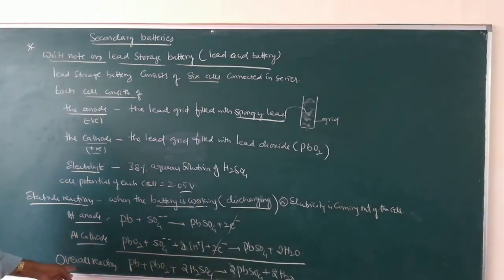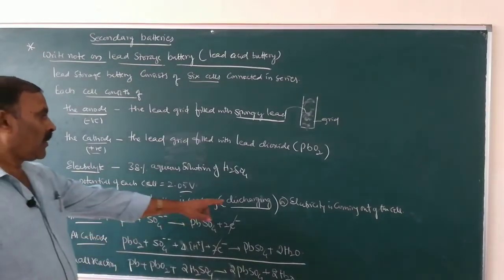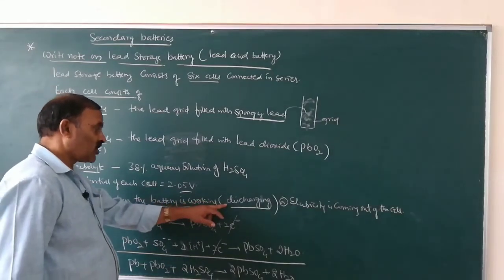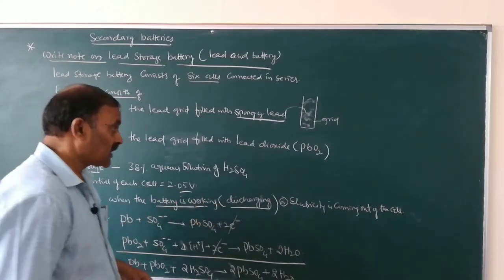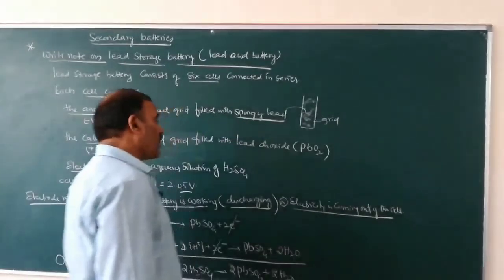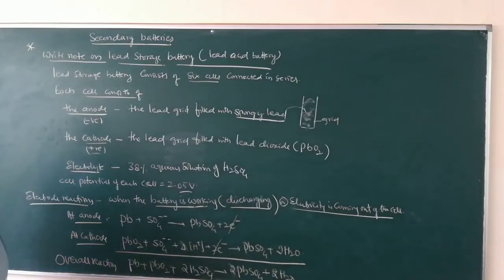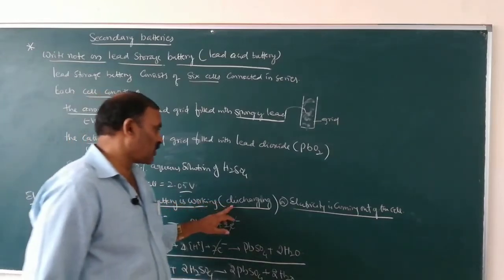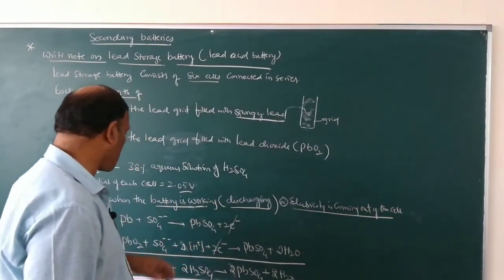This is the overall reaction when the battery is working or discharging. Electricity is coming out of the cell. So this is the anode, cathode, electrolyte, cell potential. These are the electrode reactions when the battery is working or discharging.